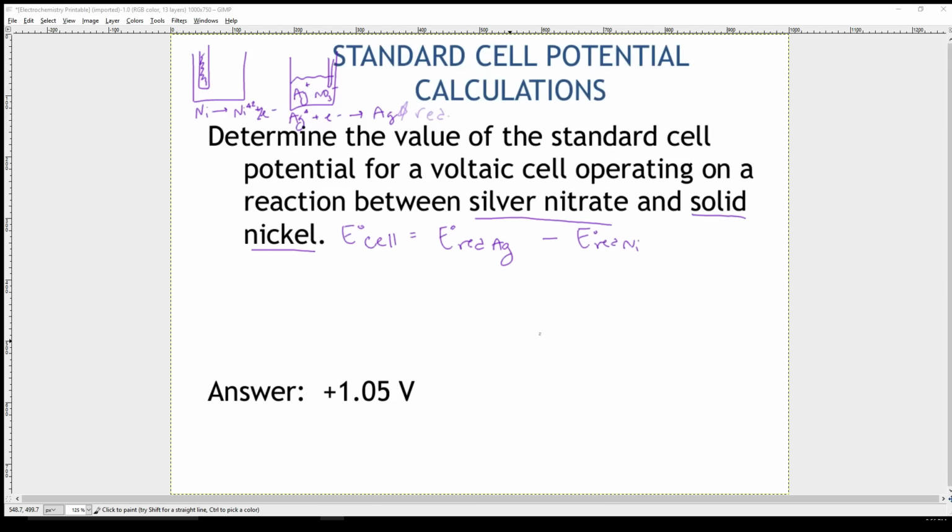Okay, so silver comes first, so I'll have 0.80 volts minus a negative 0.25 volts, and hey, we end up with plus 1.05 volts. This is our standard cell potential. Neato. Let's move on.